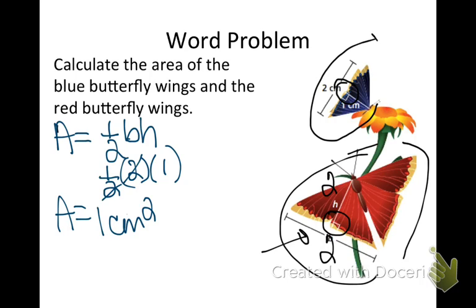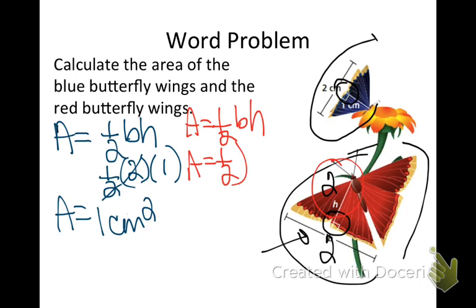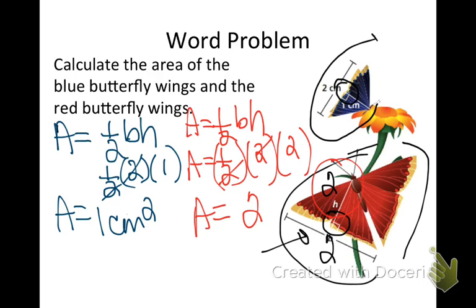Now let's calculate the area of the red butterfly wing. So area is still 1/2 base times height. Here I have a height of 2, so area equals 1/2 2. And my height is also 2. So I'm going to cross cancel those, so the area equals 2.